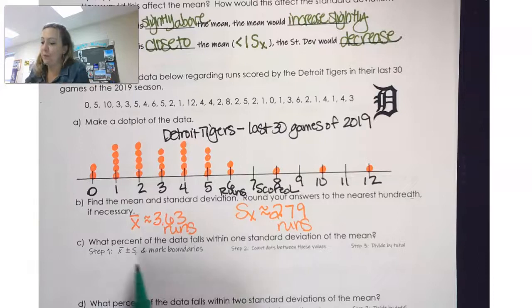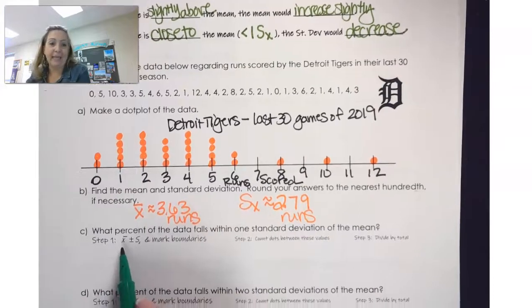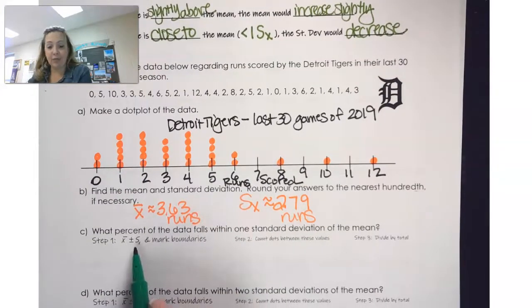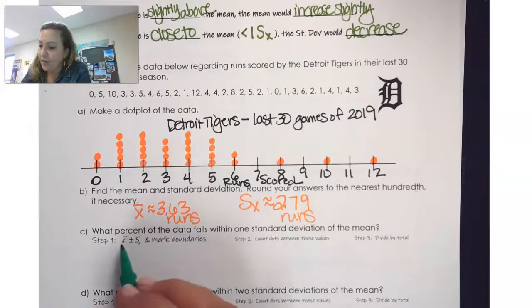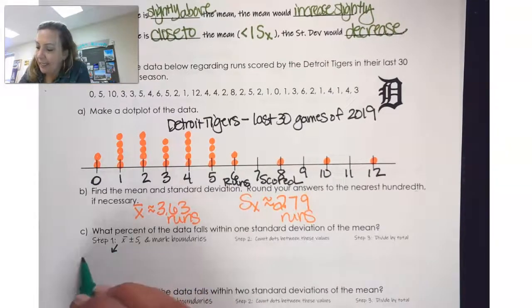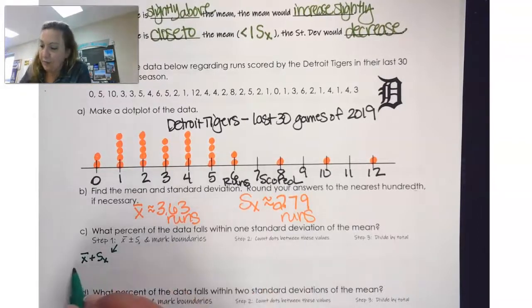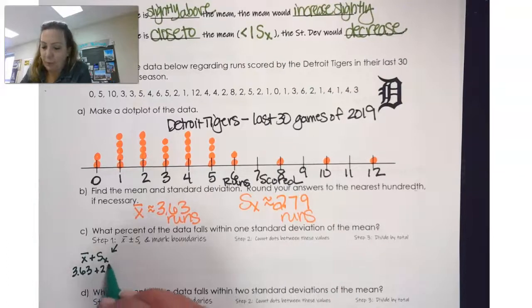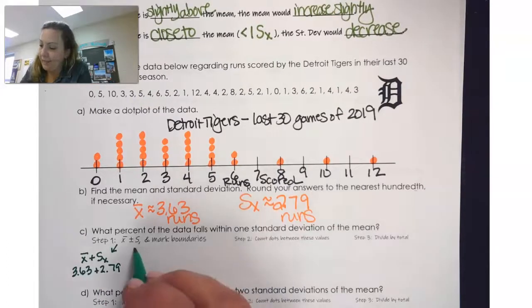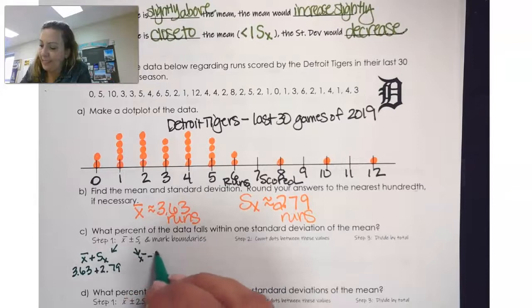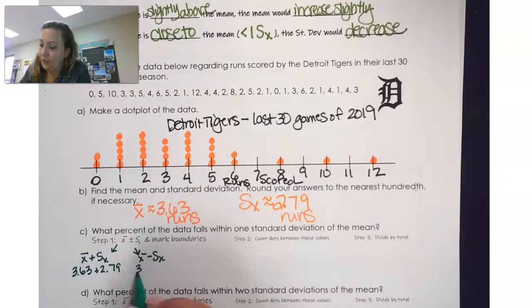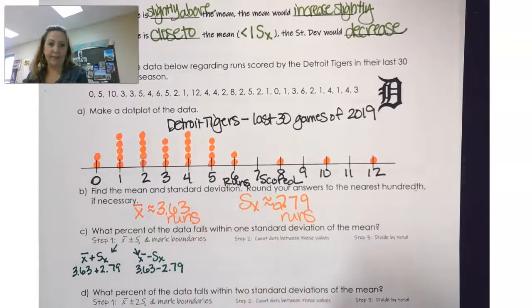So to do that, we're going to take the mean and add and subtract a standard deviation. So we're going to take the mean plus a standard deviation, which is about 3.63 plus 2.79. And then we can take the mean minus the standard deviation, which is 3.63 minus 2.79.